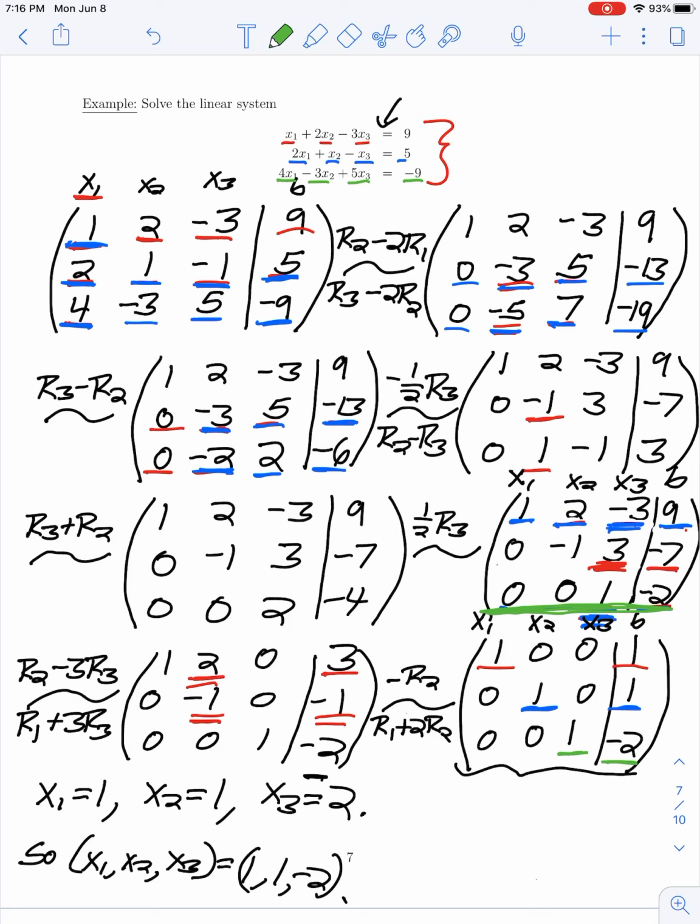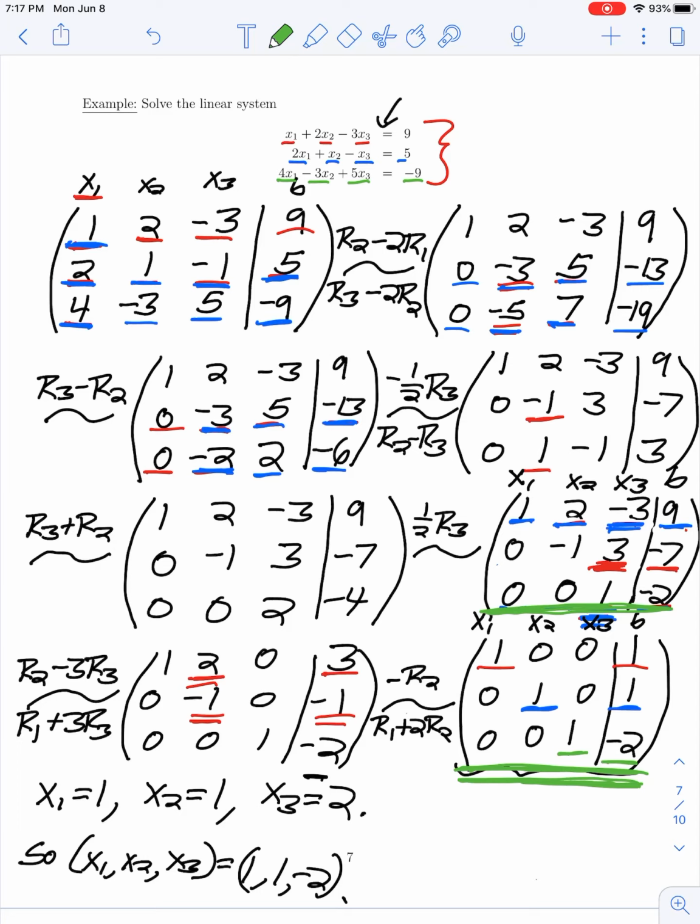But if we perform some more steps in Gaussian elimination, we get a simplified matrix from which we can read off our solution directly. So in this process of performing Gaussian elimination, we are trying to reduce our augmented matrix to this simplified form, because if we obtain that simplified form, we get our solution immediately.